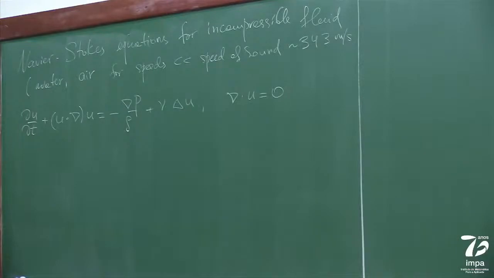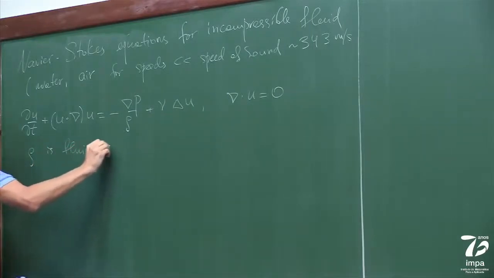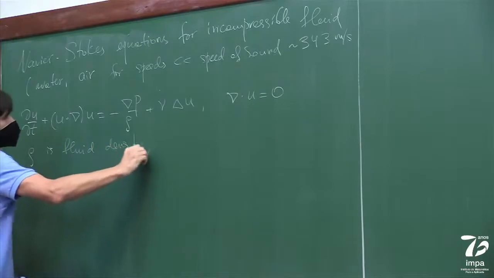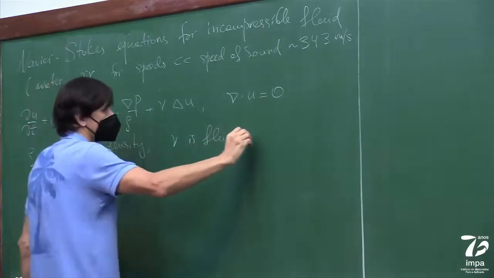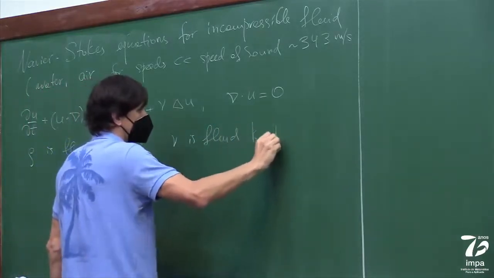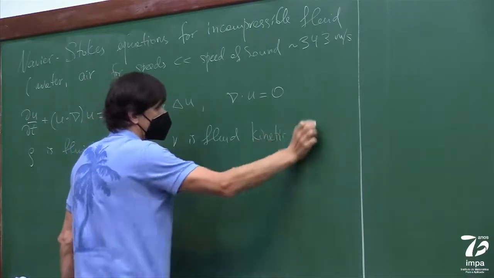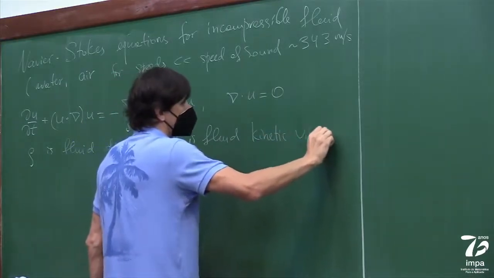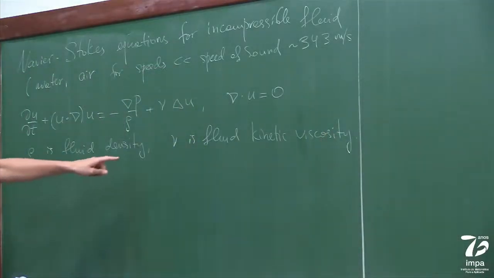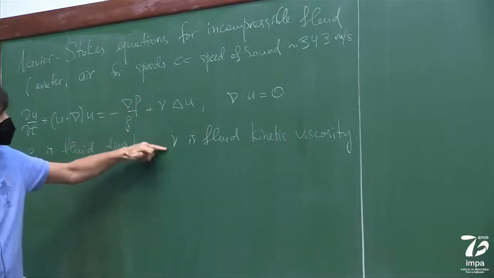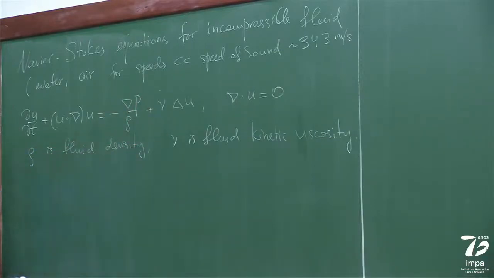That equation has two physical parameters: rho is the fluid density, and nu is the fluid kinematic viscosity, which, if you remember, is the ratio of dynamic viscosity, which comes from physical properties, divided by density.